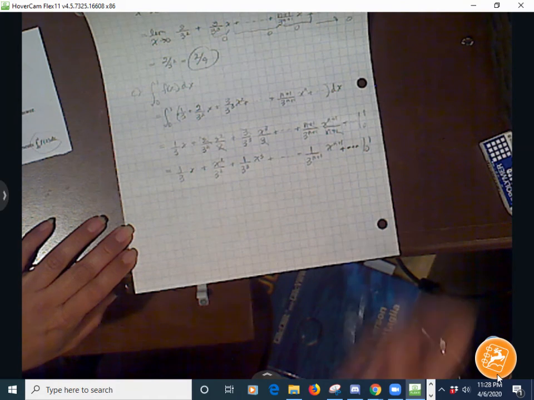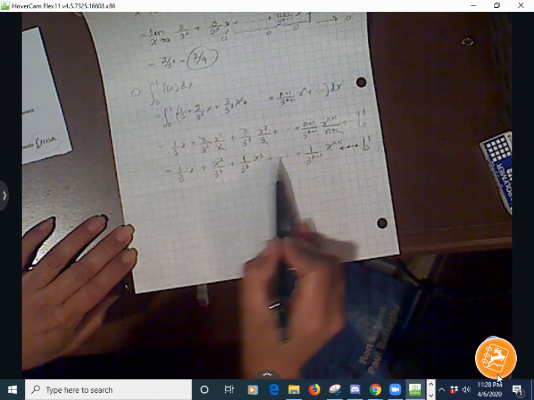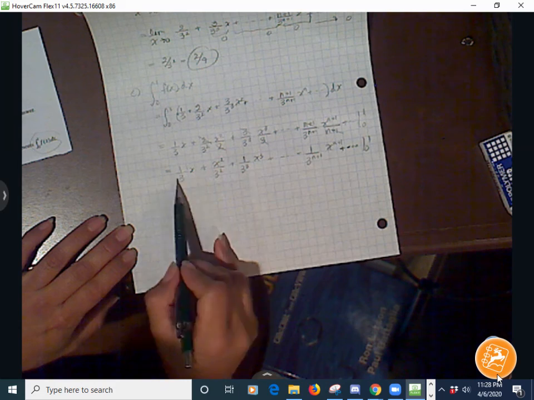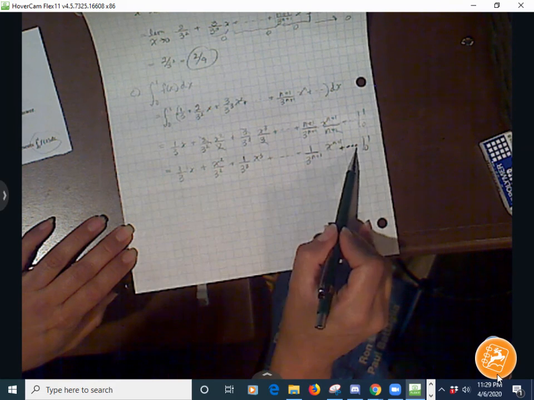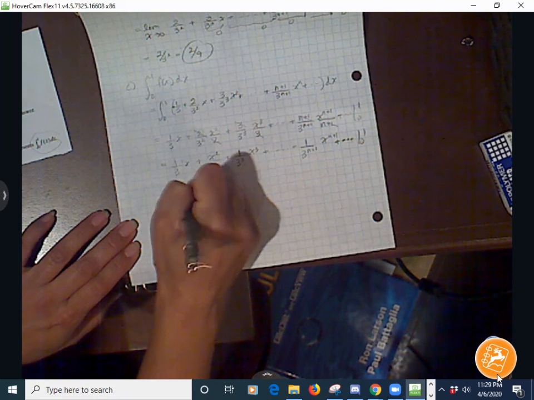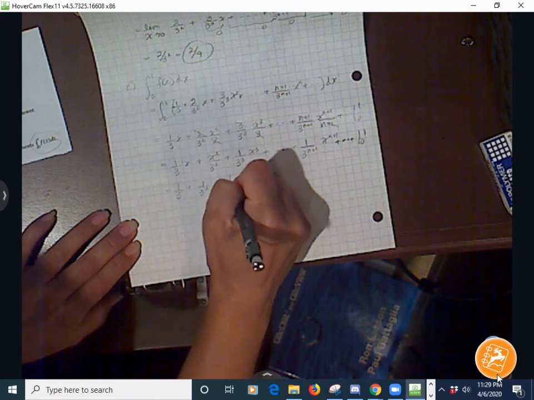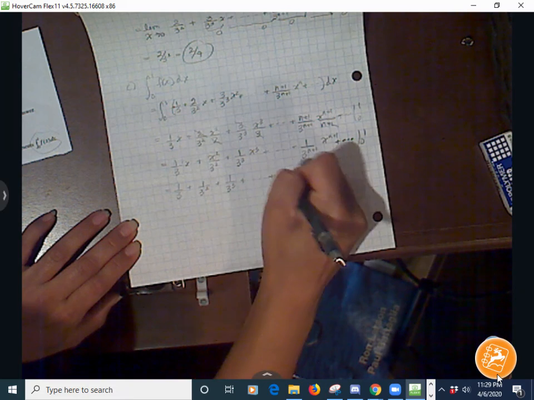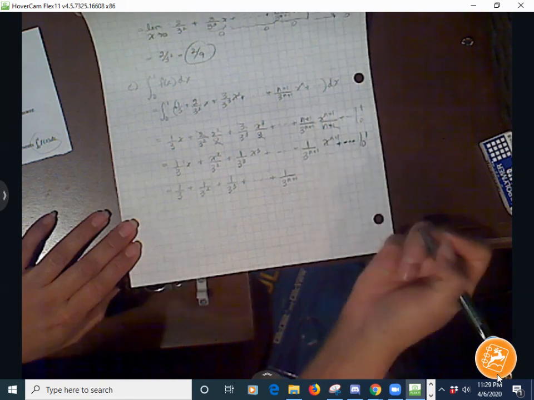So now when I put in 1 into all of my x's, that's going to be easy. That's just going to be 1 over these. And if I put in 0, that's going to go to 0. So what is my answer then? It is 1/3 plus 1 over 3 squared plus 1 over 3 cubed plus dot dot dot plus 1 over 3 to the n plus 1 plus dot dot dot.